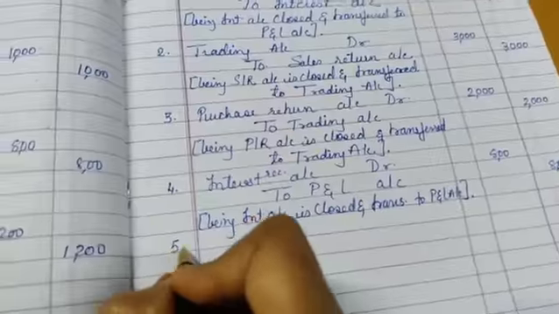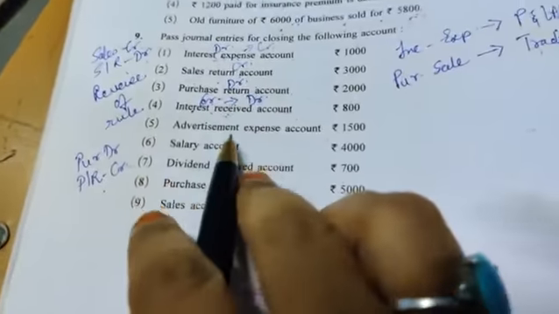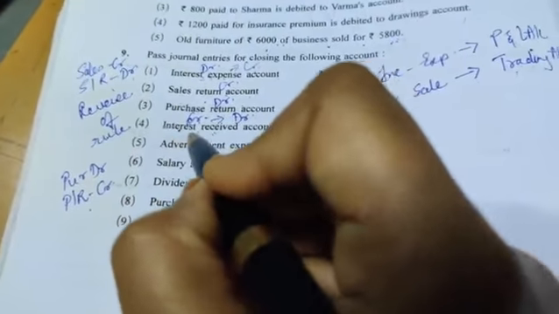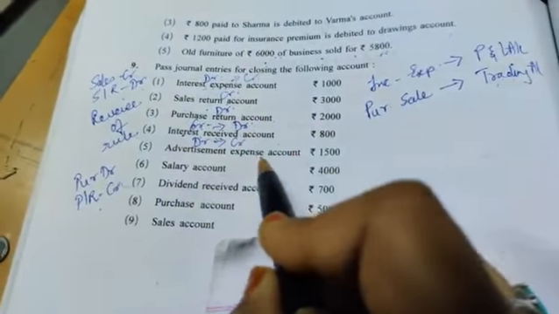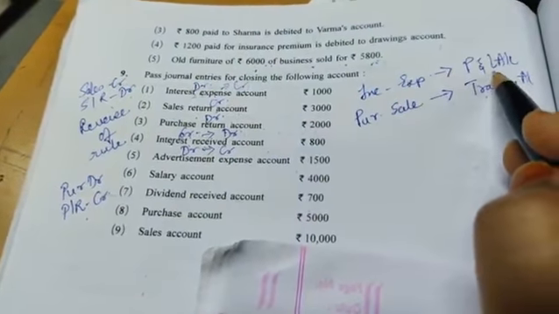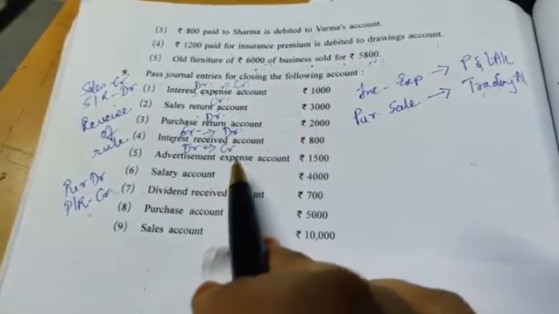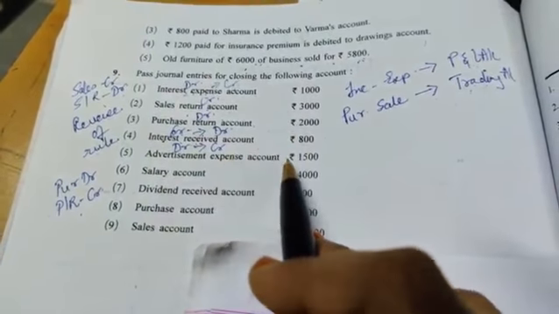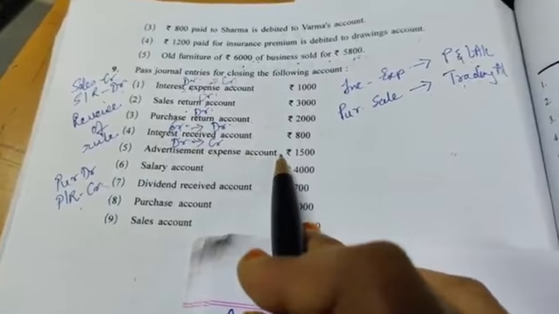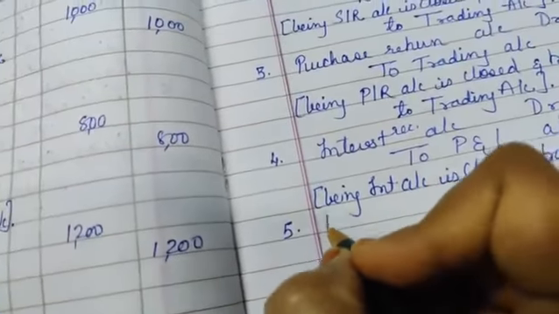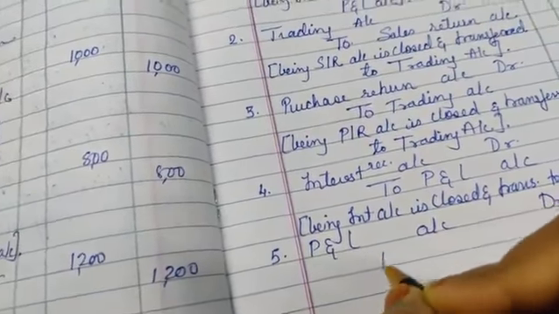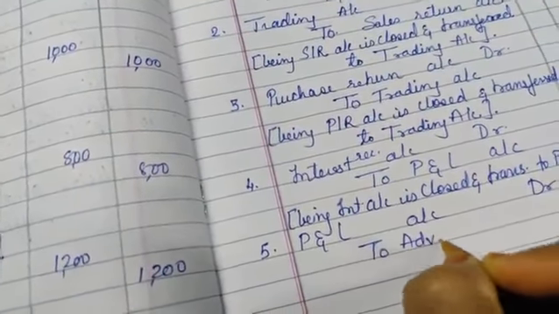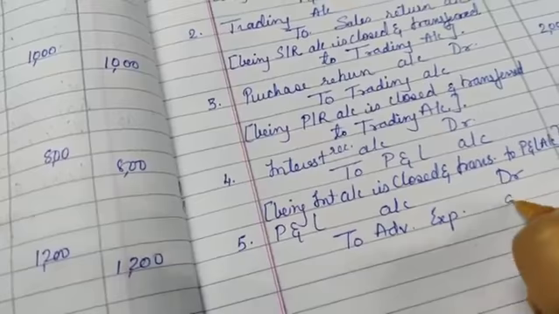Then see fifth one, advertisement expense. See, expense is always debited, reverse of this will be credited, expenses go to P&L account, it is transferred to P&L account. So what you will do, P&L account debited to advertisement expense account. So see, the entry will be P&L account debited to advertisement expense account.